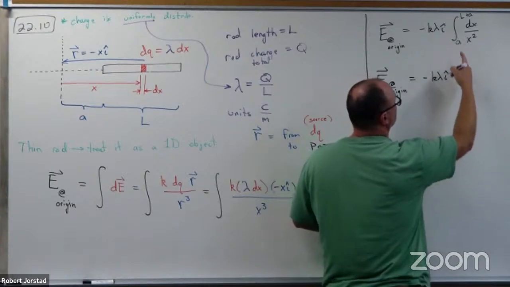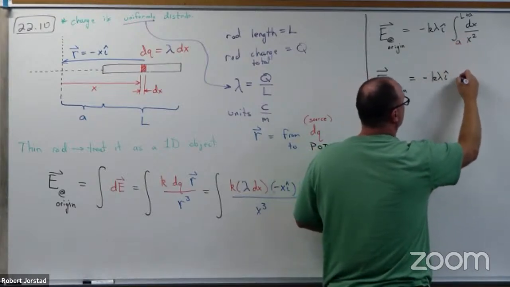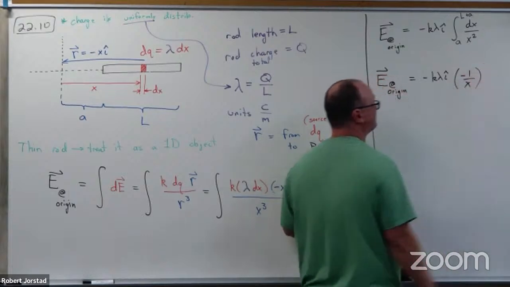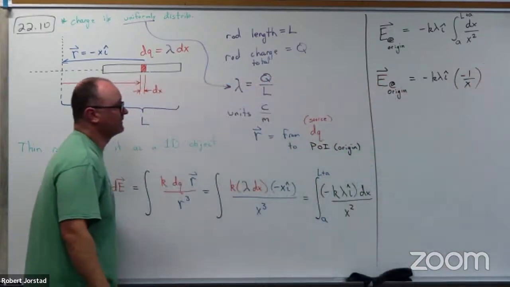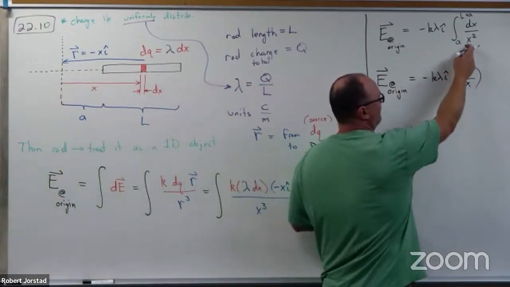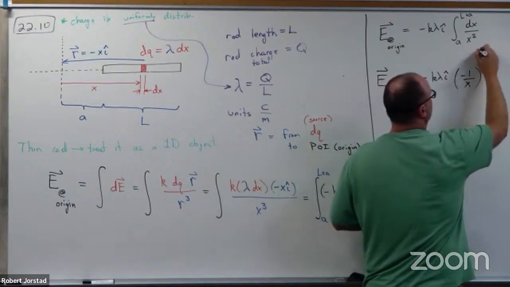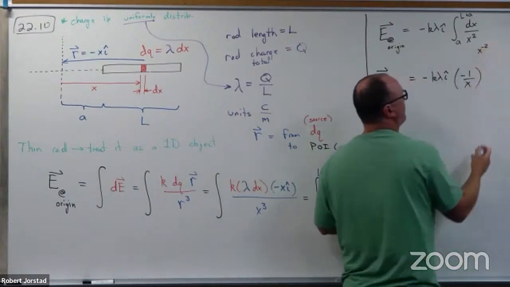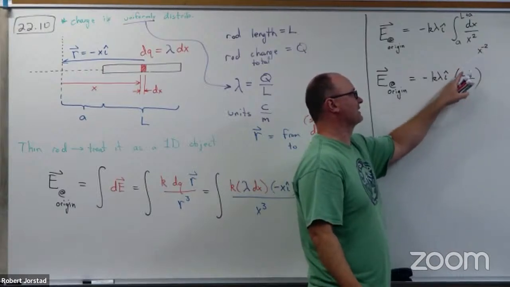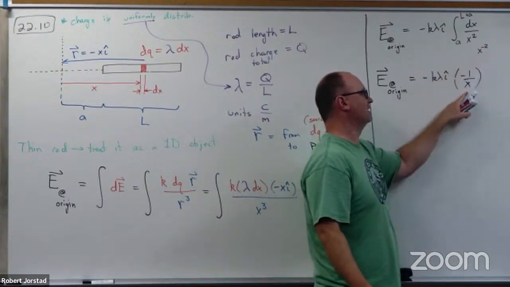That's x to the -2. We need to raise the power and drop that down. So that's why I got the negative sign. There's going to be x to the -1 with a -1.